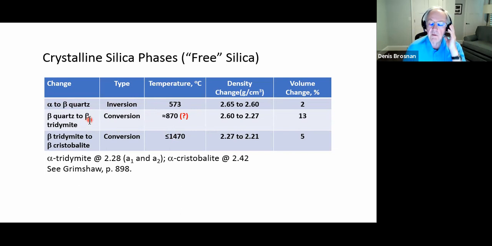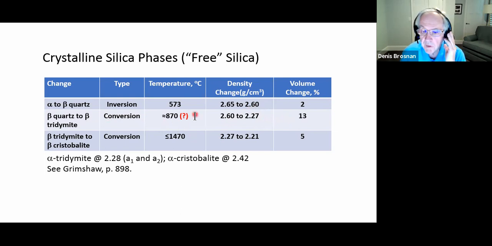Now, tridymite is a new mineral. It has a different crystal structure. Therefore, we have to deal with the conversion on heating. And we go from beta quartz at 2.60 to beta tridymite, the high temperature form, at 2.27. That's a whopping volume increase of 13%.